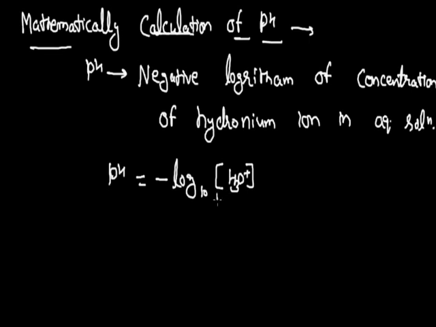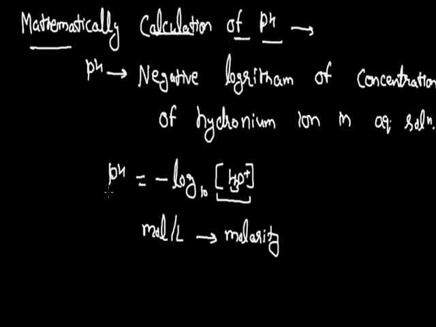This square bracket containing H3O plus cation indicates the concentration of hydronium ion, and here the concentration is represented in mole per liter, or this kind of representation is also known as molarity. So if the molarity or the concentration is given to us, then with the help of this we can calculate the pH.